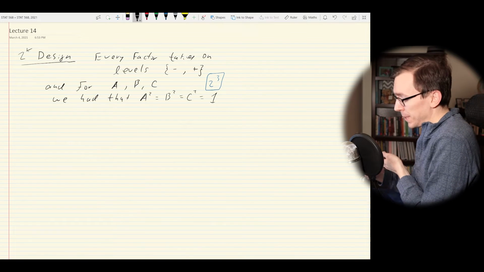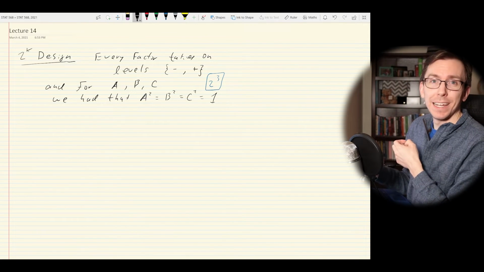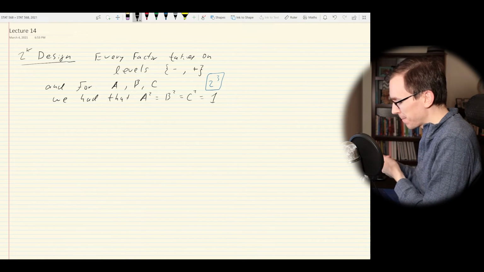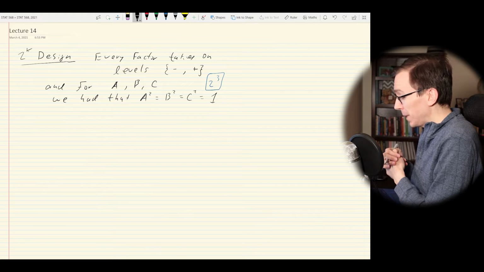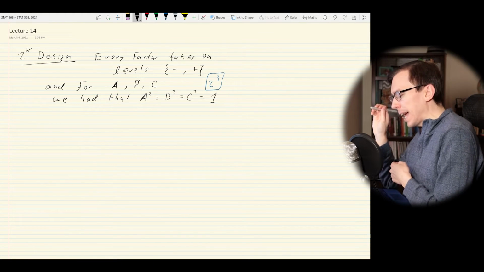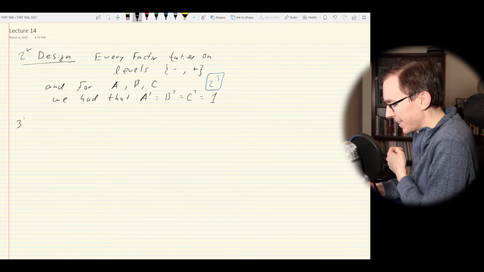And we know this just because if we treat the minus and plus as -1 and +1, well, if we square it, we just get back where we started. We just get a 1. So now, what would happen if we instead consider a 3 to the k design?